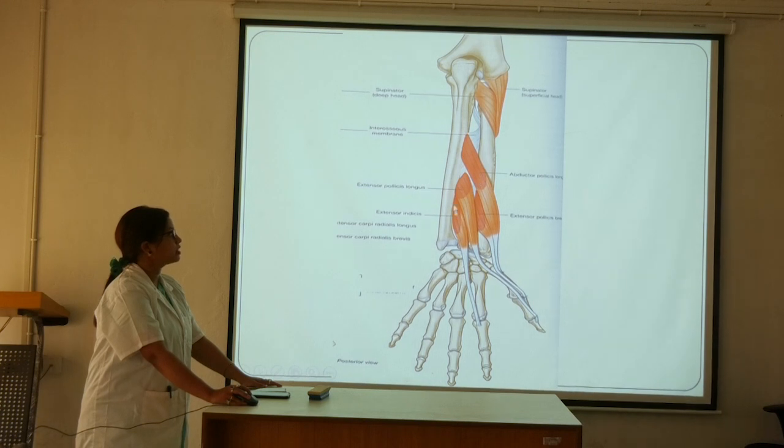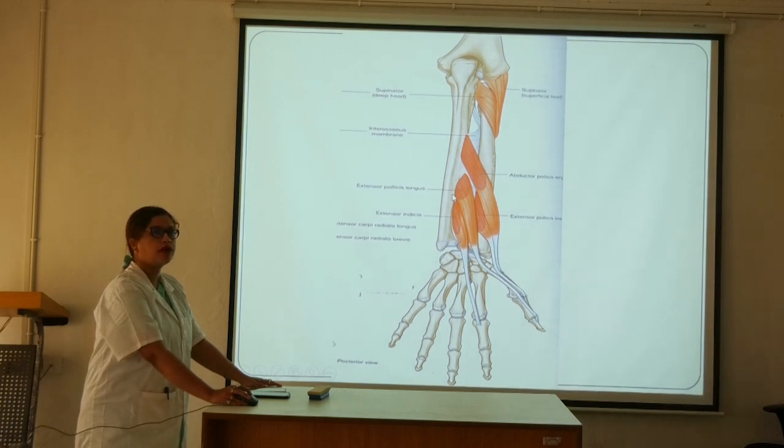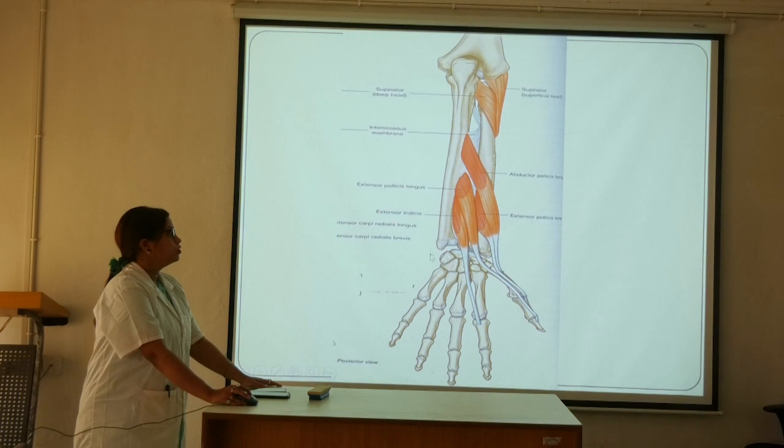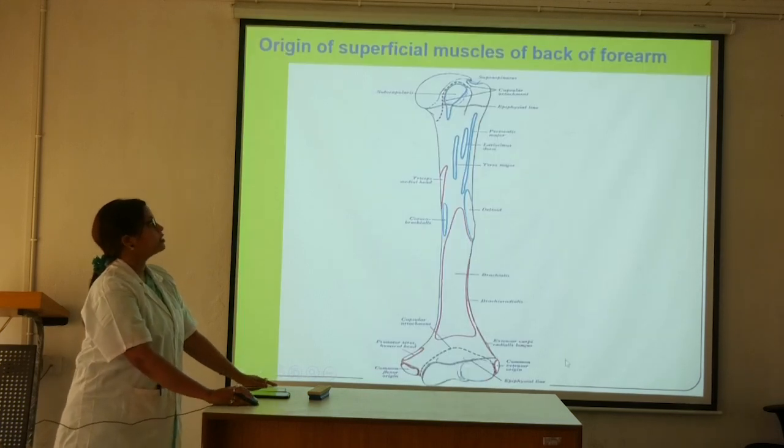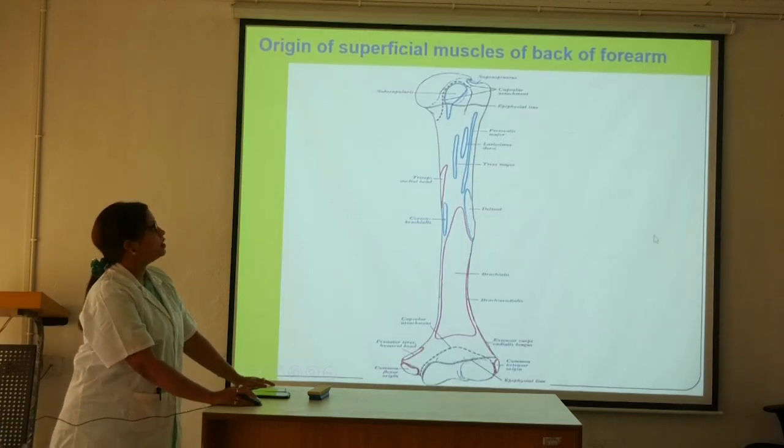But these two muscles originate from the ulna. This you have to remember. So these are the muscles one by one: abductor pollicis longus, extensor pollicis brevis, extensor pollicis longus, and extensor indicis. These are the different muscles at the back of the forearm and how they are inserted.